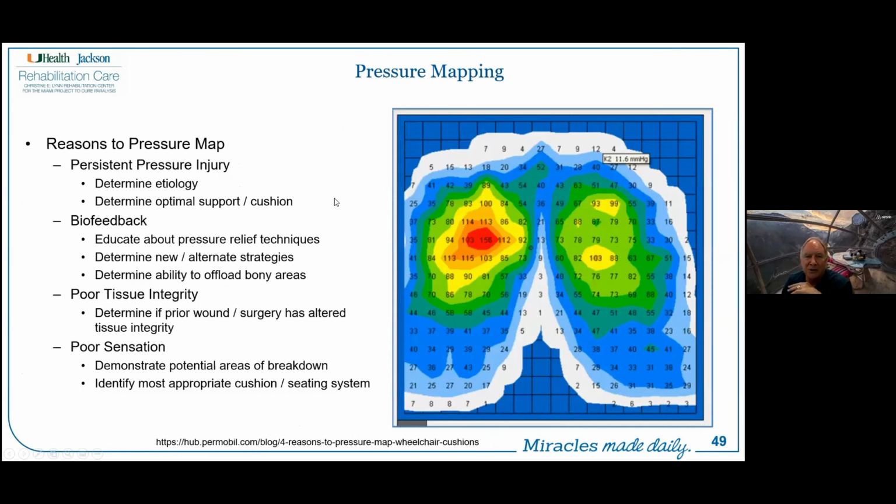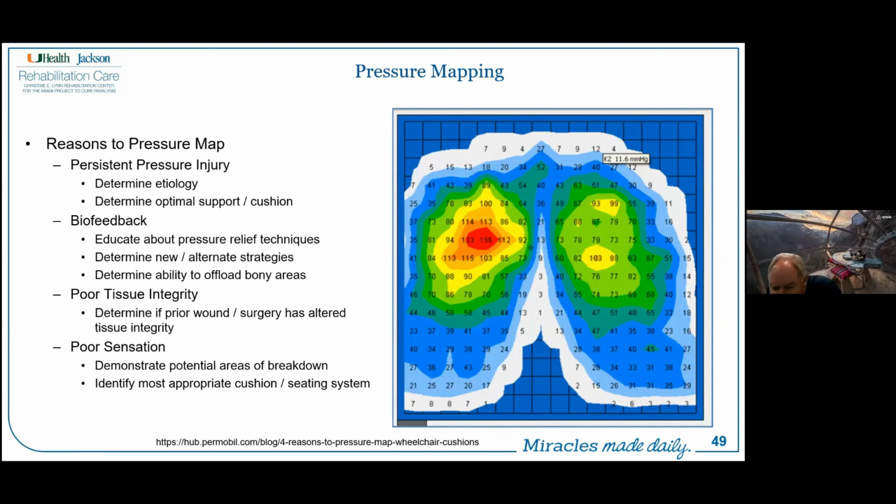And then ultimately, you want to map out what the pressure points are, what areas I need to be worried about. So this can help us to determine the causes of pressure injuries and to determine optimal support and cushion. We can use the mapping system to provide biofeedback to the client so that they can check their strategies.